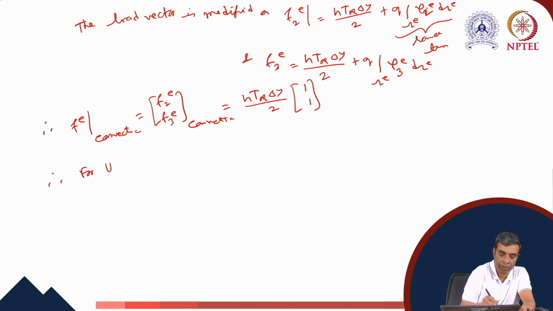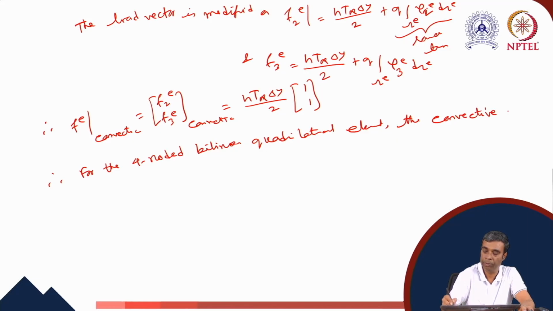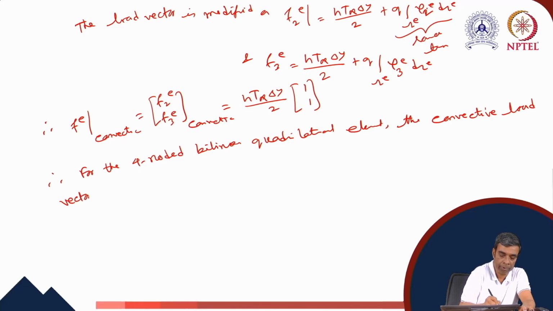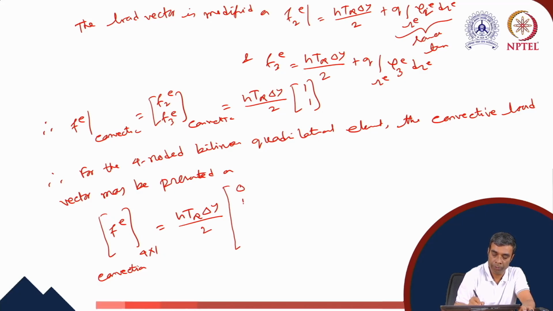Therefore, for the 4-noded bilinear quadrilateral element, the convective load vector may be presented as Fe, 4 by 1, due to convection equals h T infinity delta y by 2 times 0 1 1 0, 4 by 1.